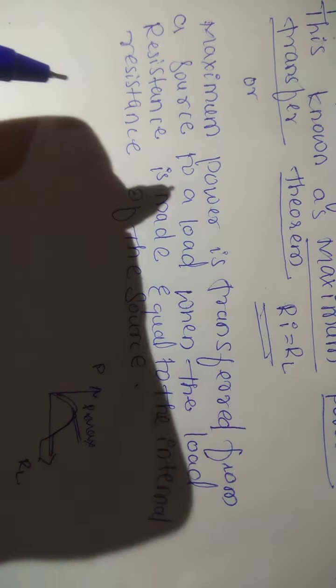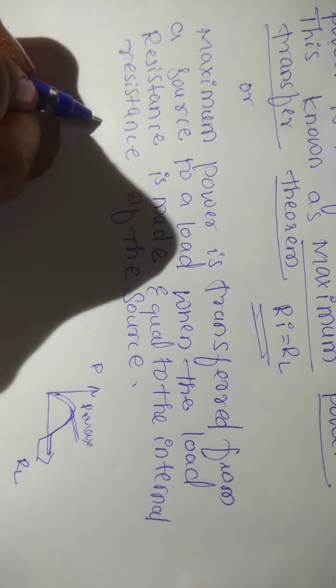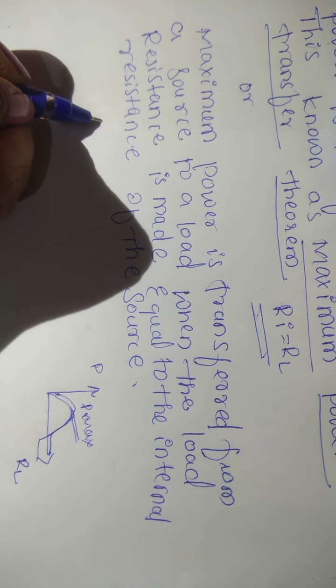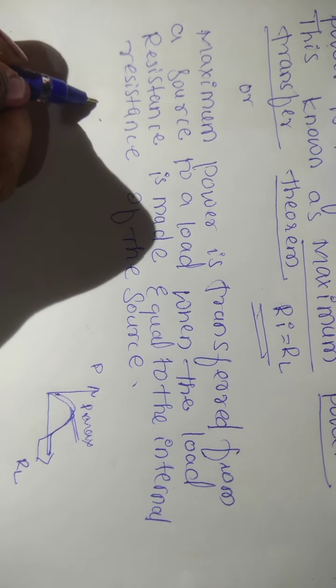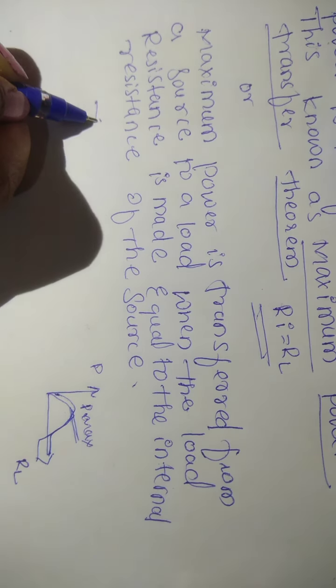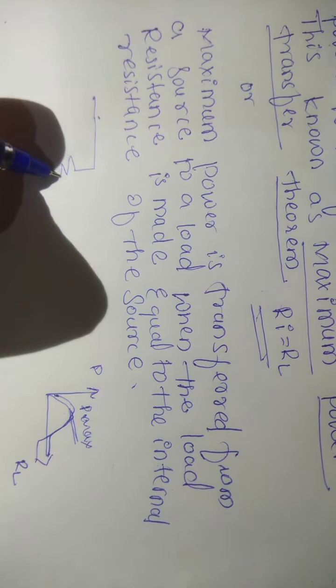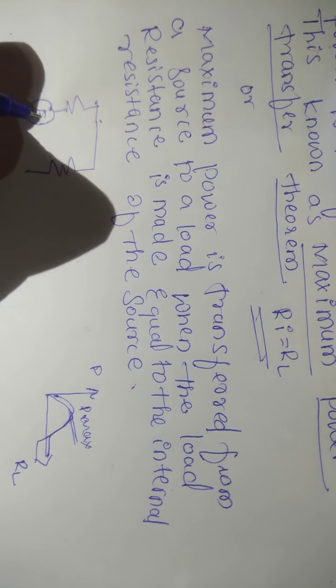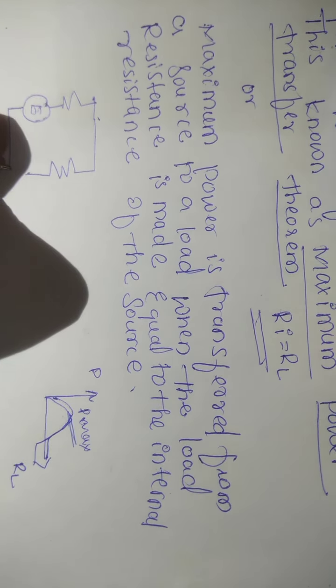To prove this theorem mathematically, consider a voltage source generating a voltage E, with internal resistance RI, delivering power to the load resistance RL. We draw the circuit. This is your voltage source, with the current moving in this direction.